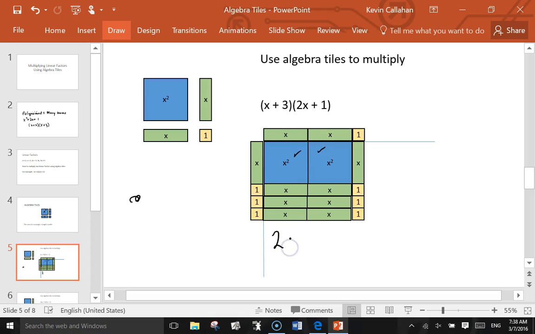How many x's do I have? 1, 2, 3, 4, 5, 6, 7. Plus 7 x's. And how many 1's do I have? 3. Okay, that's the answer. We just multiplied x plus 3 times 2x plus 1. The answer is 2x squared plus 7x plus 3.